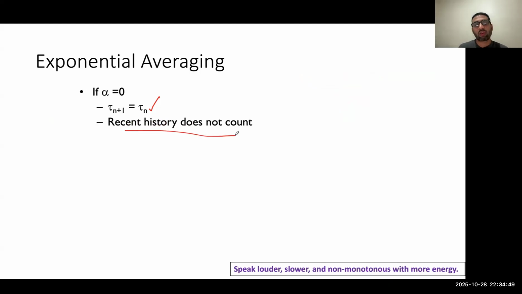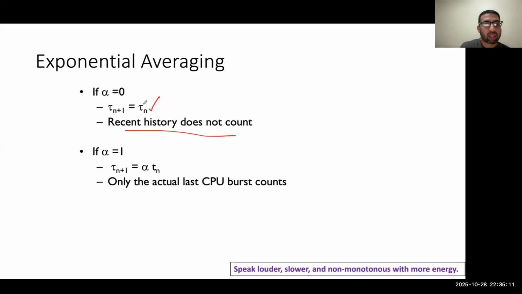Recent history does not count means that for every burst, our estimated value will be the same. Whatever we compute as the estimated value for the next burst is not affected by the history or by the actual burst value of the previous burst.